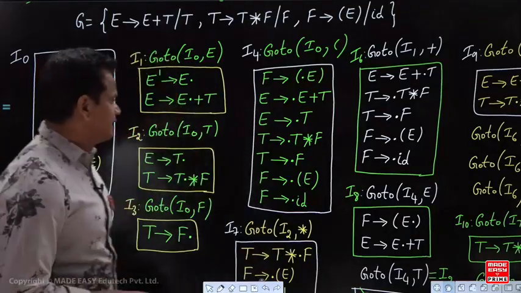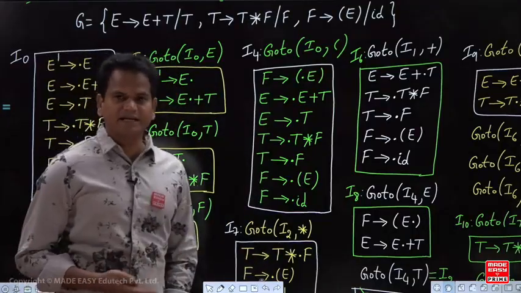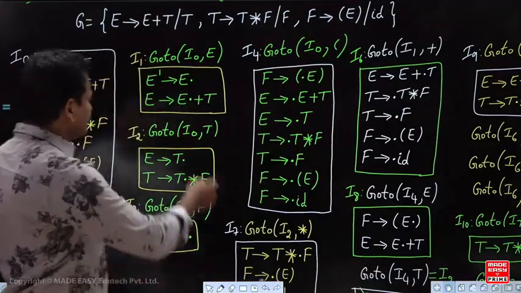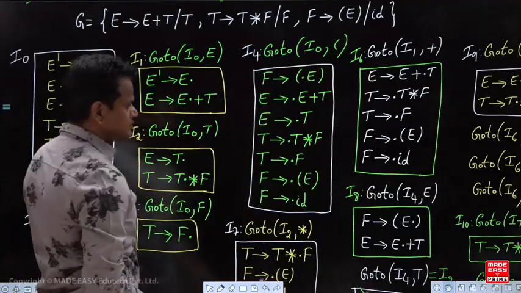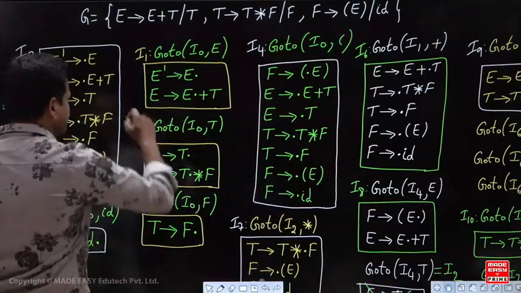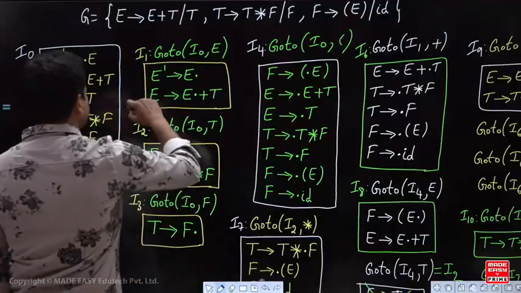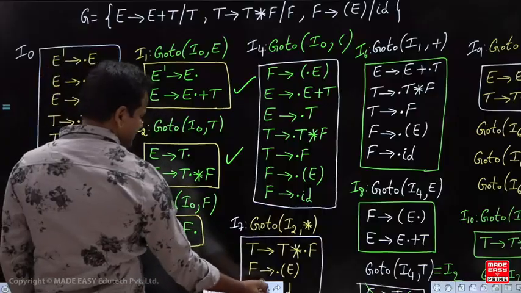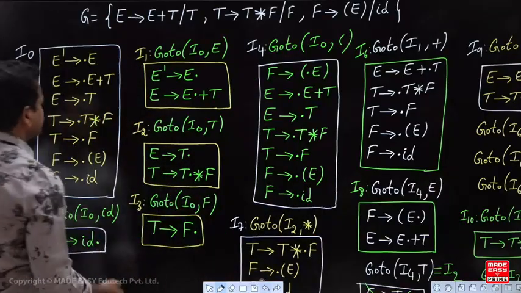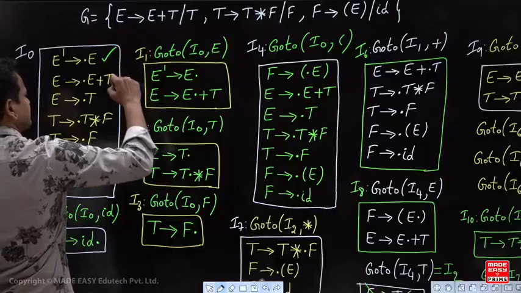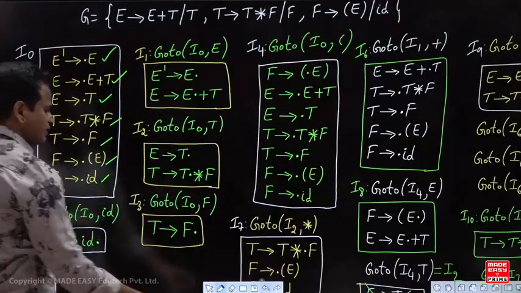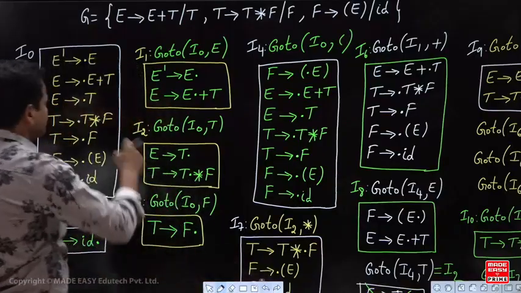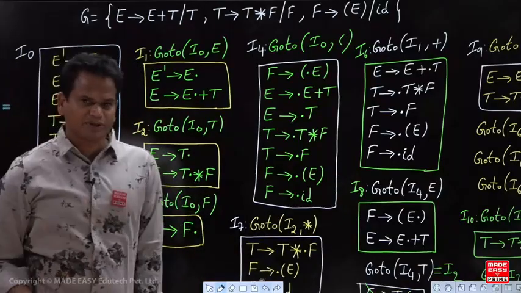We must consider every state. In every state, we must consider every production. I repeat, we got 0 to 11, 12 states. So, each and every state we must consider. This state, this state, this state, this state and every state. In every state, we must consider each production, every production. So, while filling the table, we consider every state, and in that state we fill for every production.